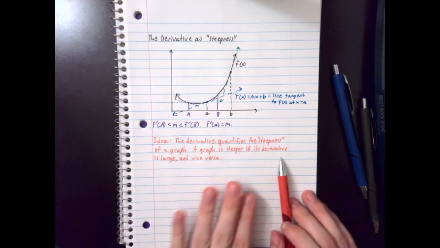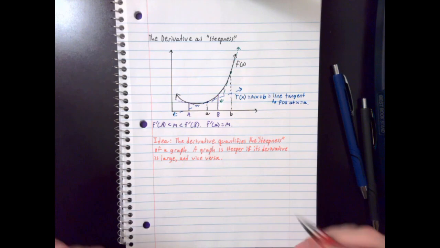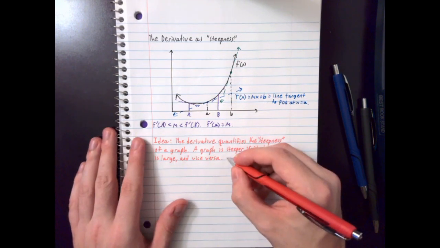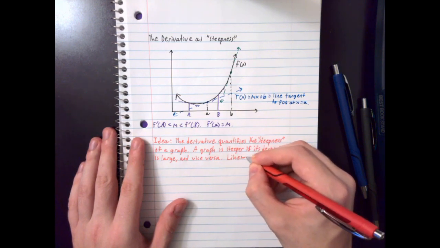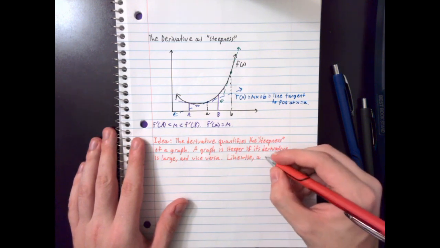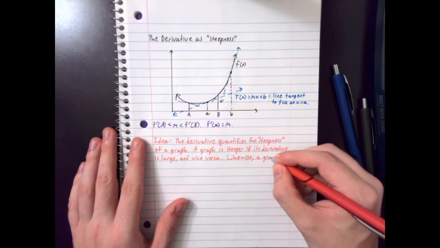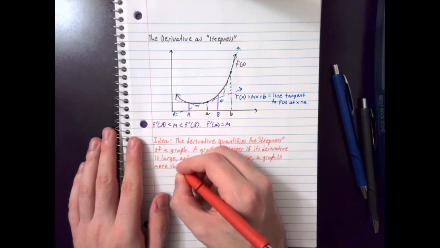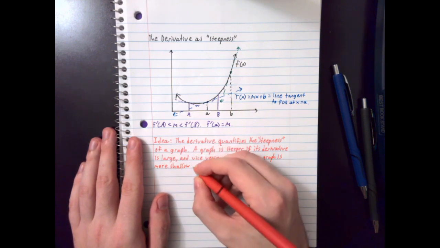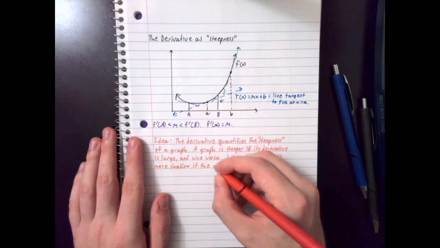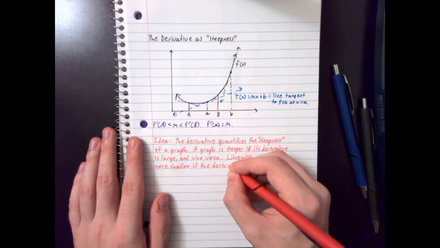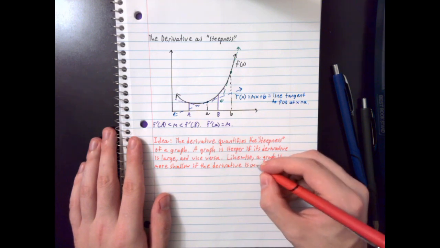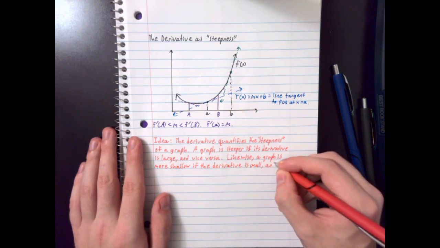Likewise, a graph is more shallow if the derivative is small, and vice versa.